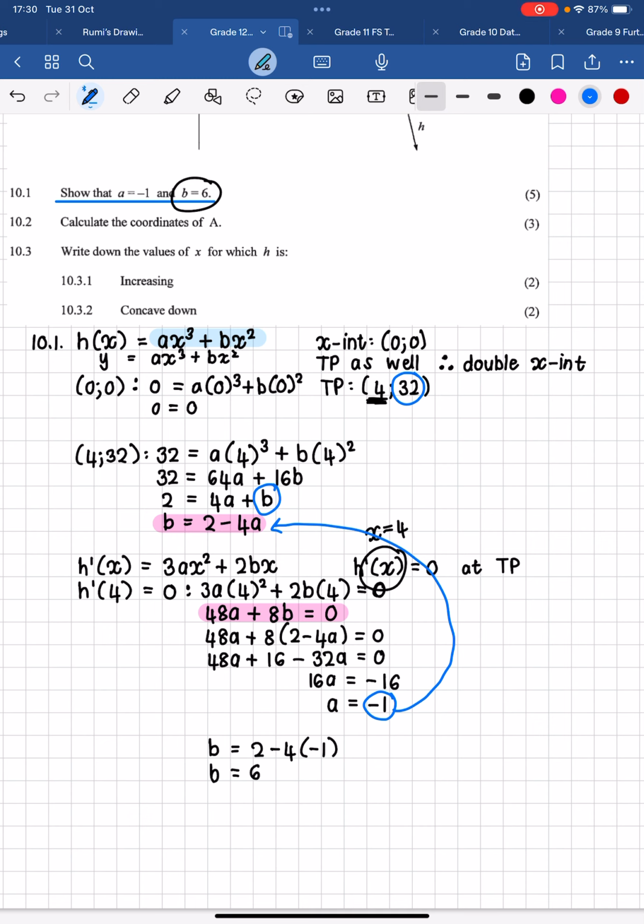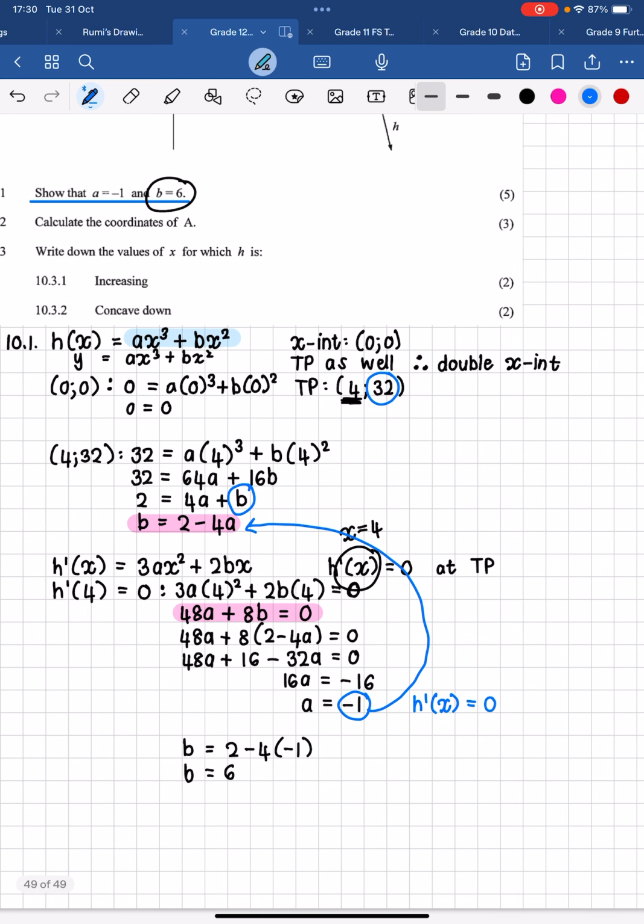I already subbed 4, 32 into the equation of the graph. There I made x equal to 4 and y equal to 32. This is something completely different. Here I'm saying that I'm taking the derivative and I'm making it equal to 0, right? Where is the derivative equal to 0? At the turning point. So the turning point is 4, 32.